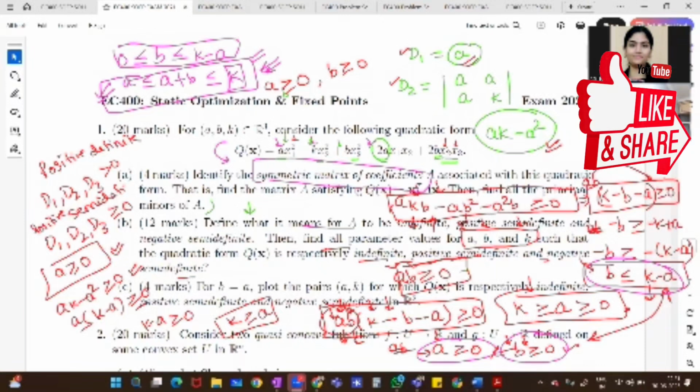Now the last part, the 4 marks, is to plot the values you got on the graph. I'm going to show you that using Desmos. We do Desmos together, for all of the values.